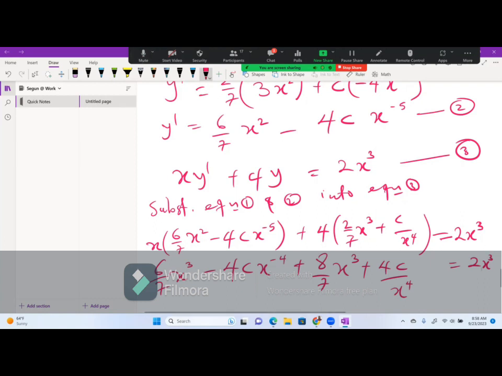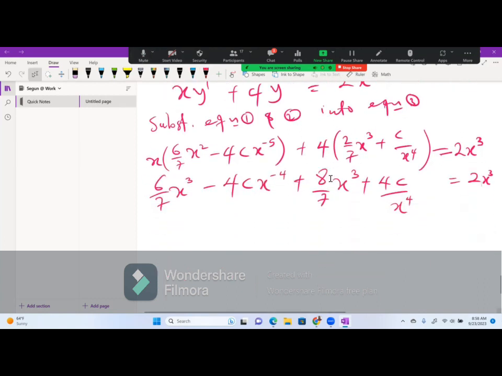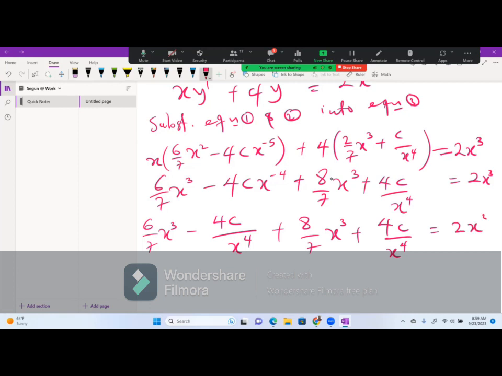So now that we have this, we can begin to cancel. You agree with me that this goes with this, because if I rewrite this one, I will write it this way: 6 over 7 x cubed minus 4c over x raised to the power 4 plus 8 over 7 x cubed plus 4c over x raised to the power 4 equals 2x raised to the power 3.